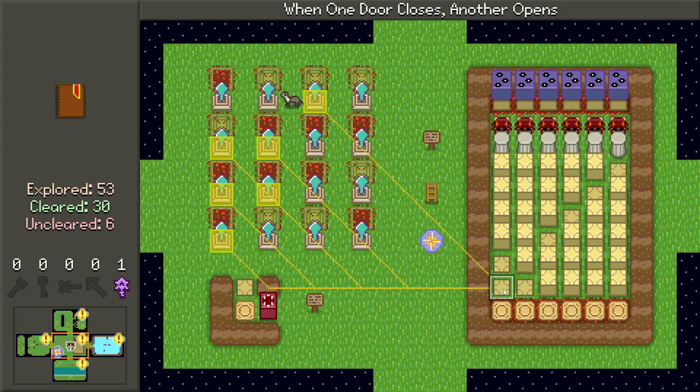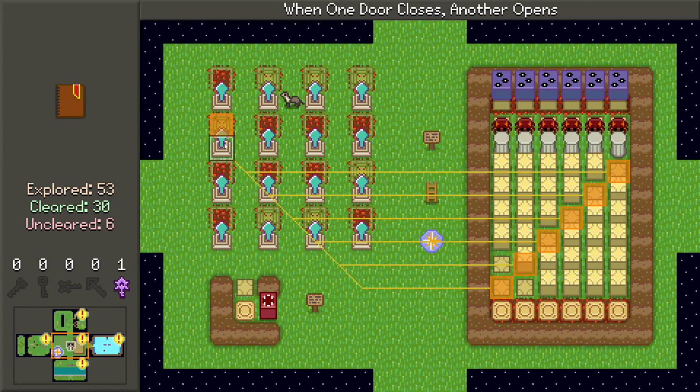Okay, so now... What's the one that does this whole diagonal? It's this one? That must be the way that it is. I cannot change it because of this.